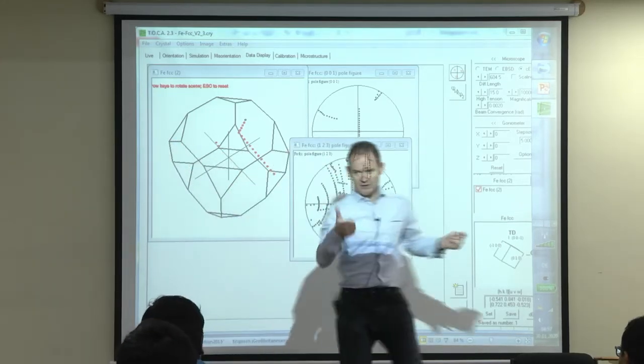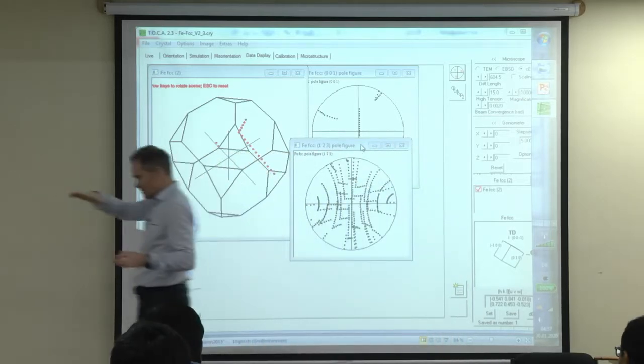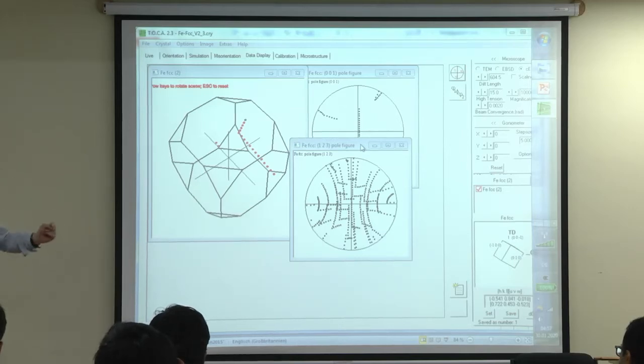Most probably in cubic systems, we know that, for example, the densest packed planes are either 1, 1, 1 or 1, 1, 0. So it is reasonable to look into these ones, 1, 1, 1 and 1, 1, 0, or into the densest packed directions, which is 1, 1, 0 and 1, 1, 1. So it often makes sense to look into these.